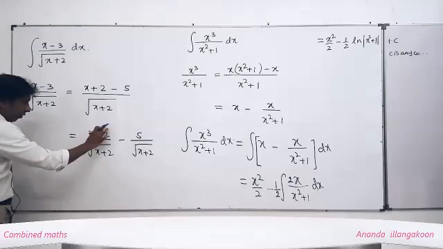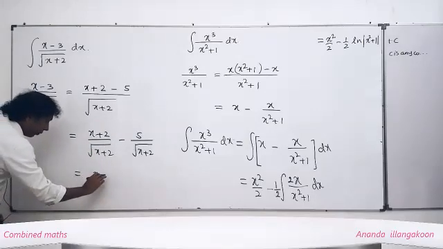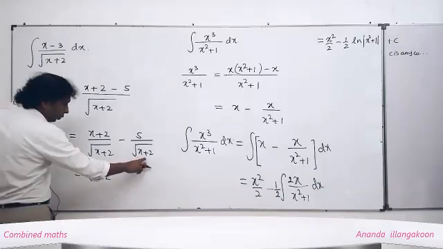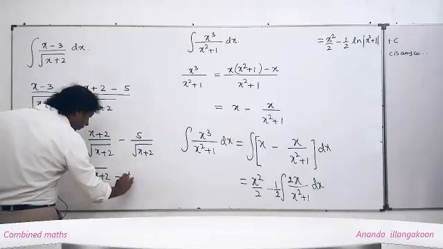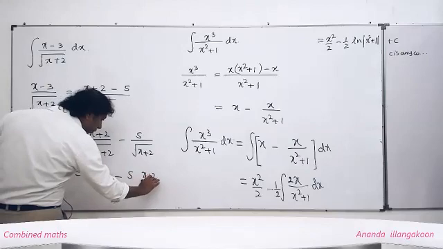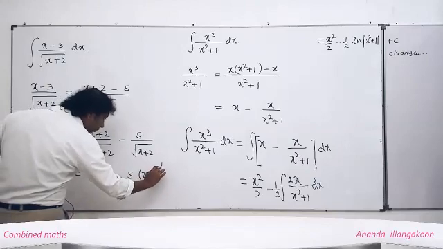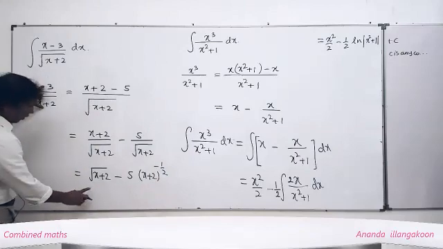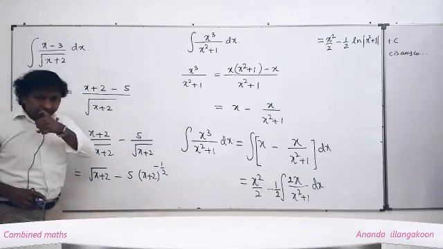So now here the power is 1, no? Then we get x plus 2 root at the numerator. This you can take to the numerator: x plus 2 to the power minus half. Then to integrate this one, integrate this. That way we can integrate this.